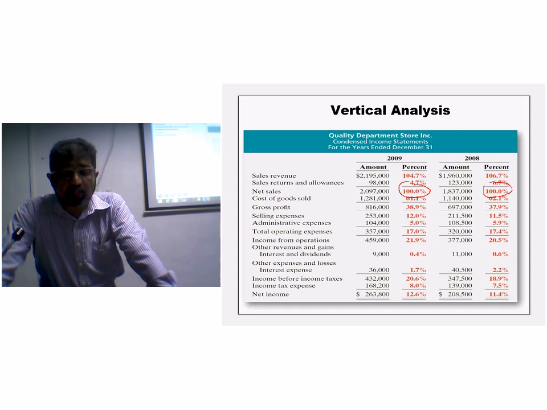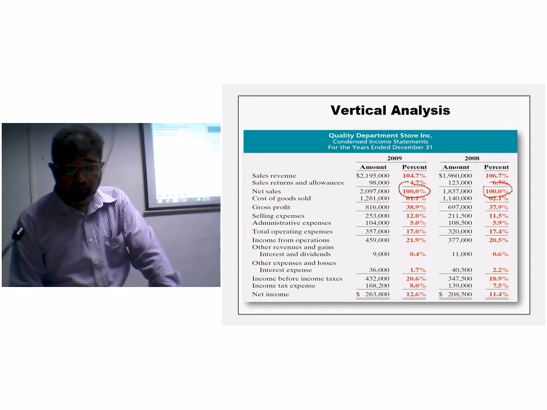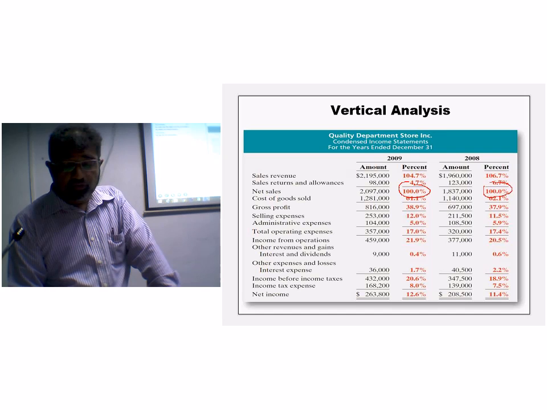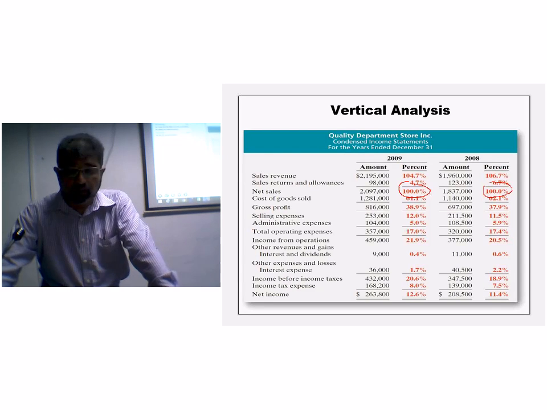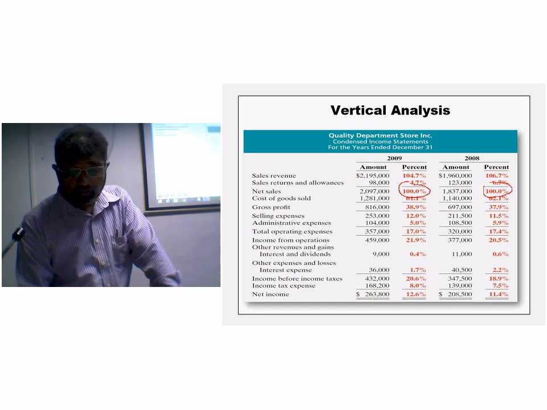Then based on that net sales, we can convert all other figures as a percentage of sales, right? For example, net sales 2097, then gross sales 2195. Now you can divide 2195 by 2097 into 100. Then your answer is 104.7.